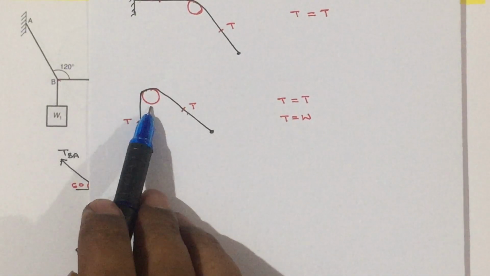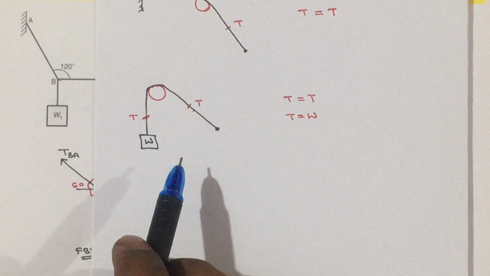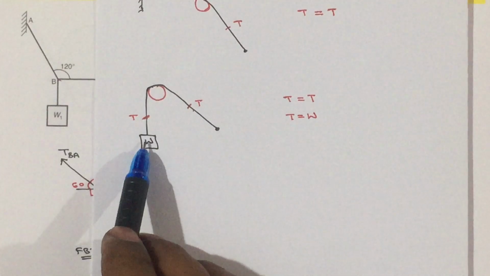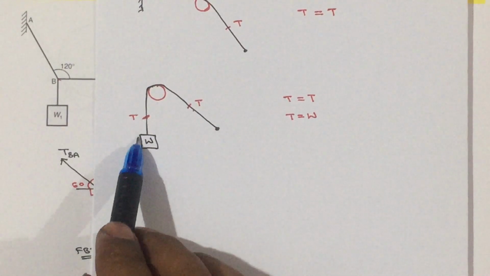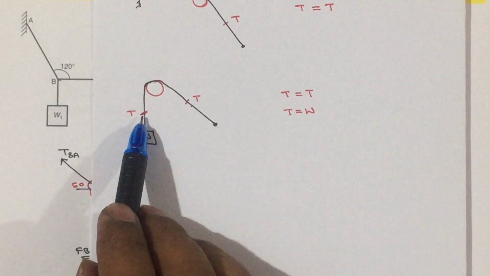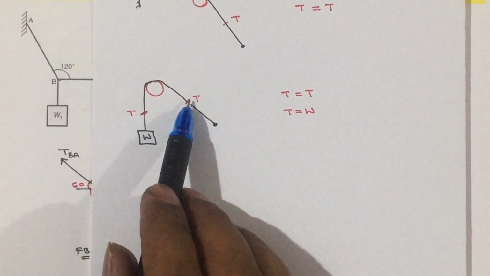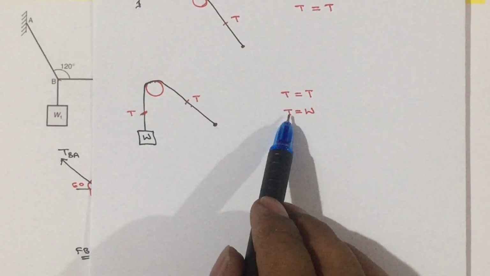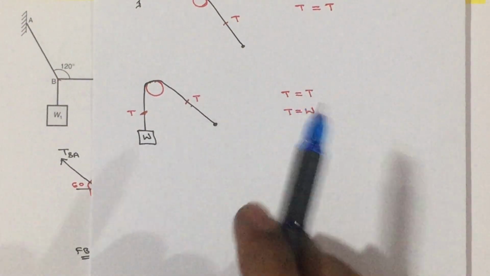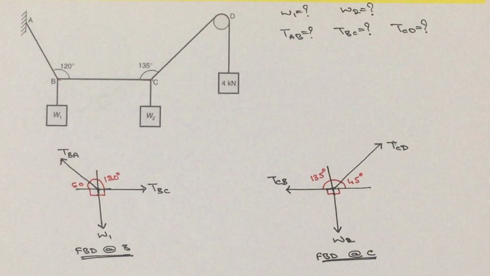If the rope and pulley arrangement is provided, then one end is connected to the point, another end is free, and the free end is subjected to some weight. Then this weight will be equal to this tension will be equal to this tension. The weight will be equal to the tension, and tension in one cable will be equal to tension in another cable.